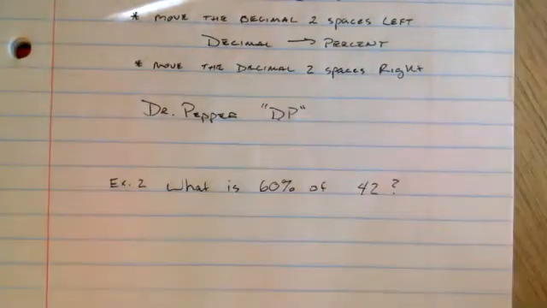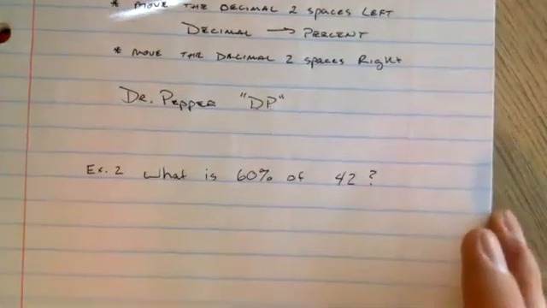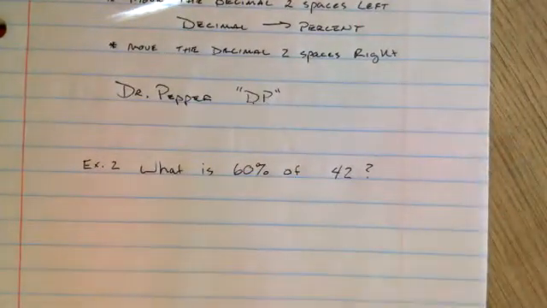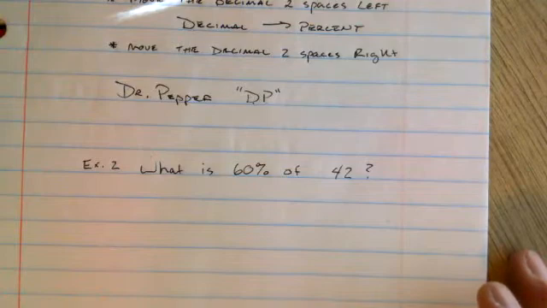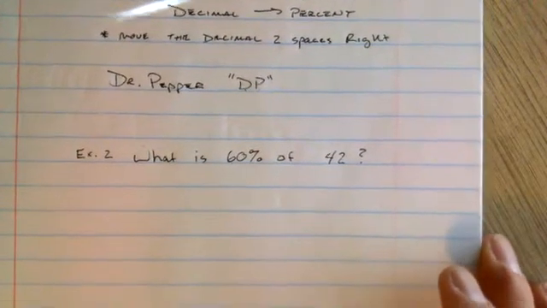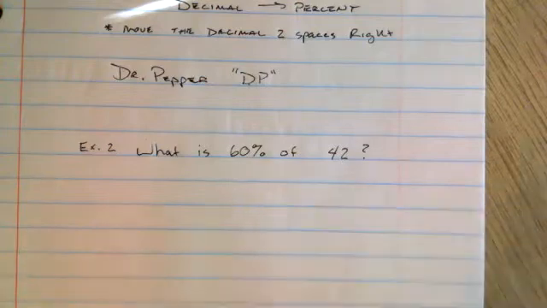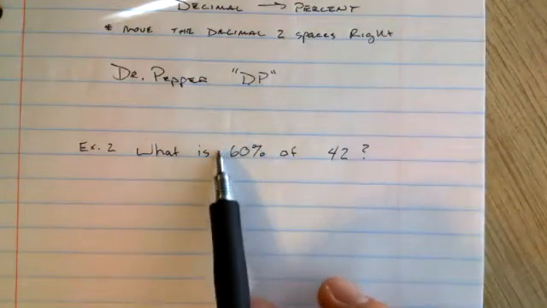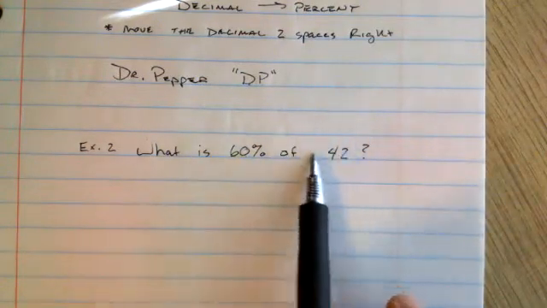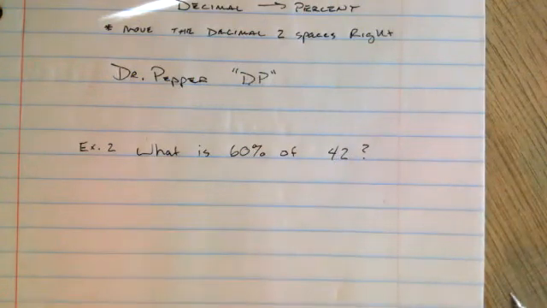Okay, what is 60% of 42? We have to figure this one out. So there's lots of ways to do this problem, but basically what we're going to need is multiplication. So what we're going to do is multiply 60% times the 42 to get an answer, when we're trying to find a percent of a number.